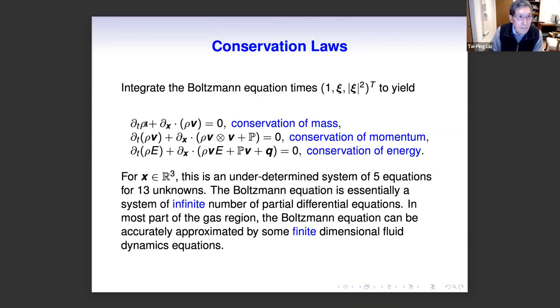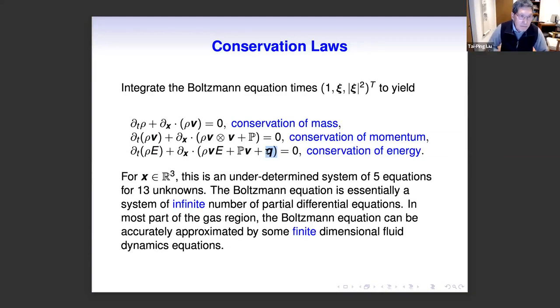So besides the density, momentum, and the energy, there's also this stress tensor, which is 6 variables, and this heat flow, which is 3 variables. And so these conservation laws are not very useful because it's an underdetermined system: 5 equations, but with more unknowns.